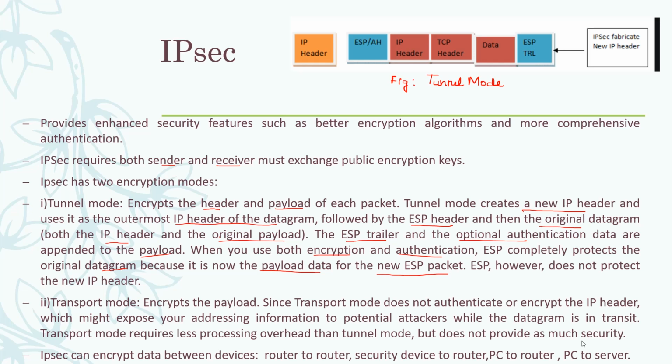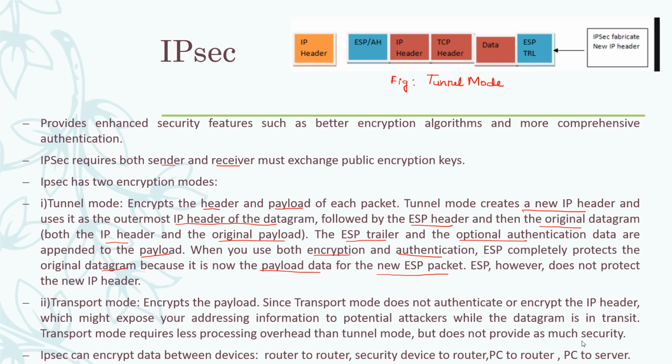We can see this in the diagram. This is the ESP payload, we can say. It encapsulates the IP header and the TCP header, and as we know, the data is encrypted, as well as having the authentication information, and it will also have the ESP trailer.